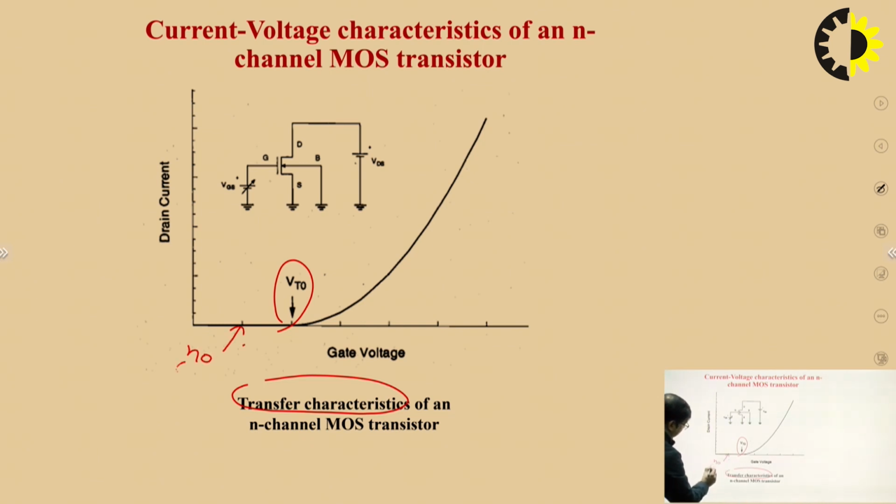And as the gate voltage is increased beyond Vt, then current starts flowing, because at gate voltage equal to Vt, a channel is formed. A channel is induced between source and drain beneath the gate.